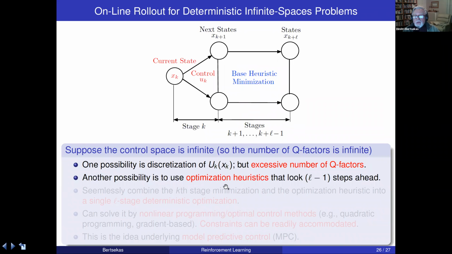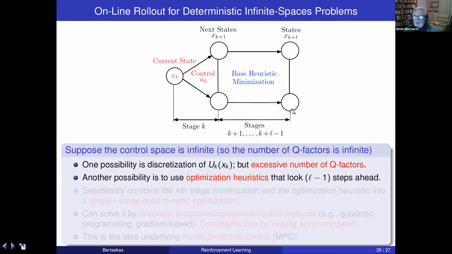Now, here's the other possibility. Instead of discretizing and using some kind of heuristic in the context of rollout, it's possible to use heuristics that are based on optimization and look L-1 steps ahead. In other words, consider here a base heuristic that involves minimization over L-1 stages.